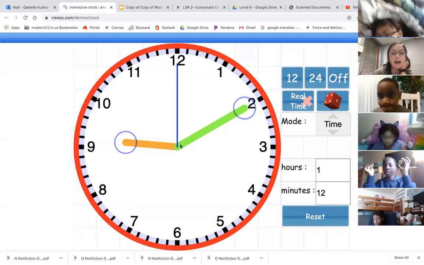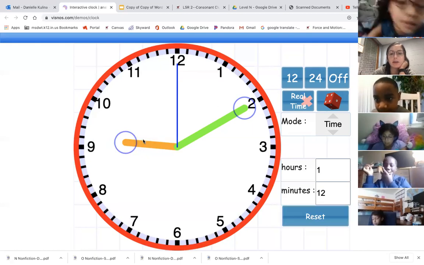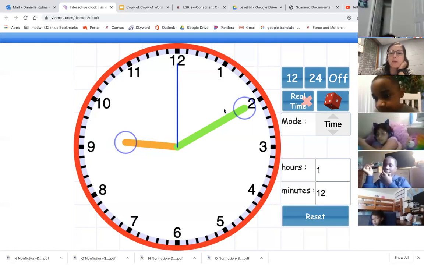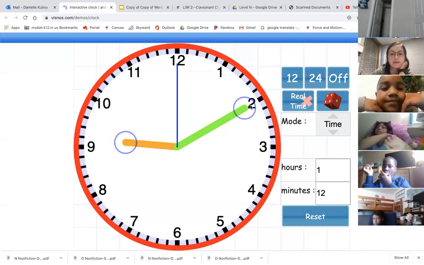So if it's 9, then we know that's the hour. What is the minutes? So we know that we start here, we go 5, and then we stop here because that's where it's pointing. So it's 5, 10.